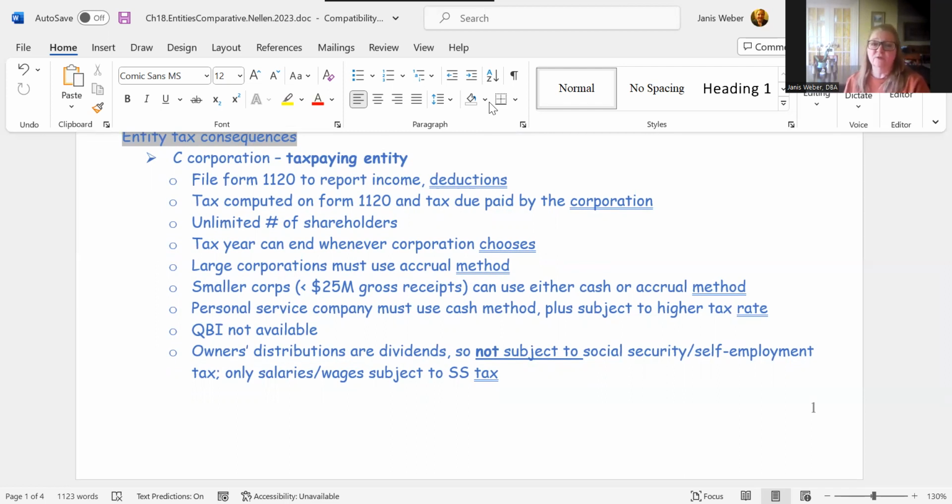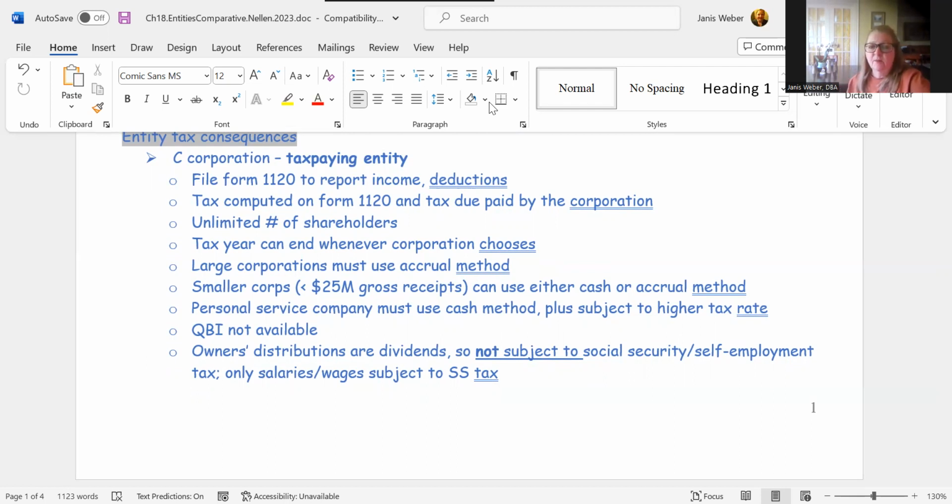The large corporations must use accrual, because the only ones that qualify to choose between cash or accrual are the smaller corporations, which means less than 25 million of gross receipts or sales. And it's not net income that has to be less than 25 million. It's their gross sales.